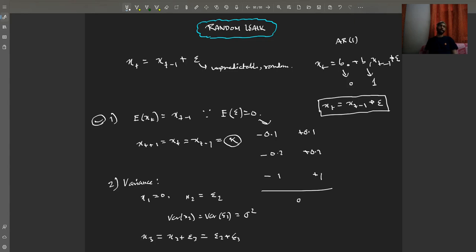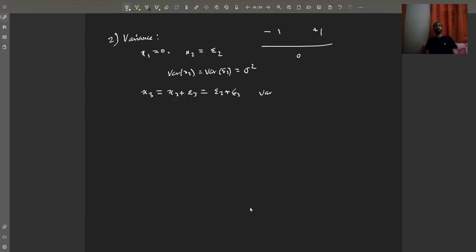Now variance of x3 is equal to variance of error 2 plus variance of error 3, both of which are equal to sigma square. Therefore, this is equal to 2 into sigma square.